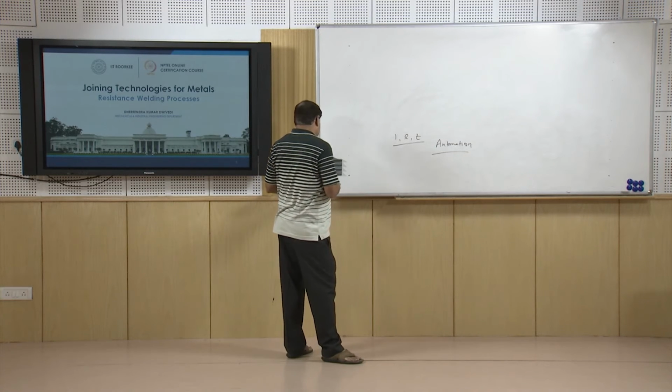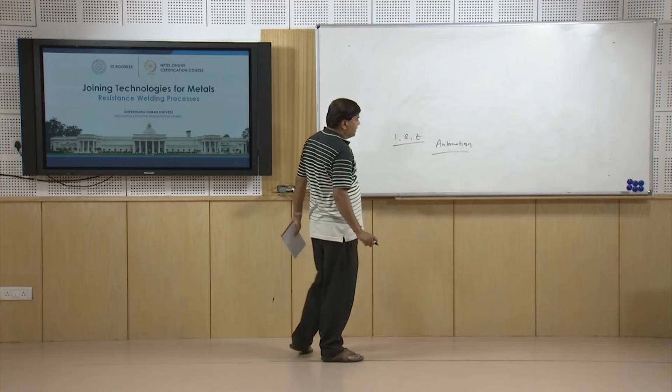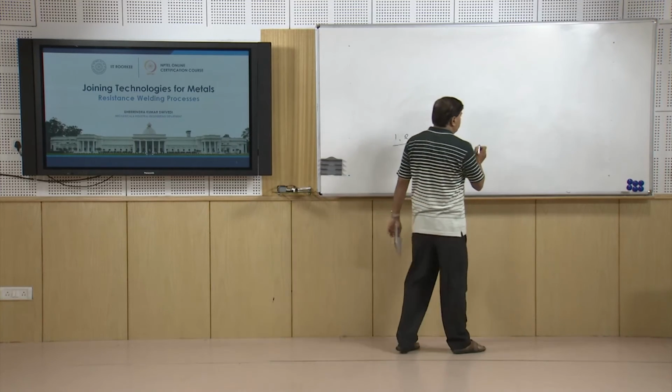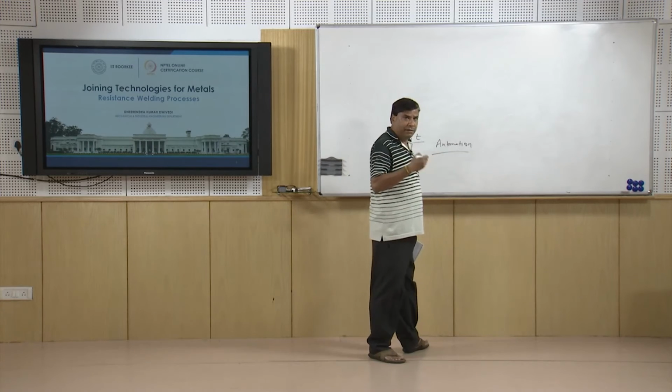There are certain requirements related to the nugget diameter and the electrode diameter which are required for developing the weld joints.